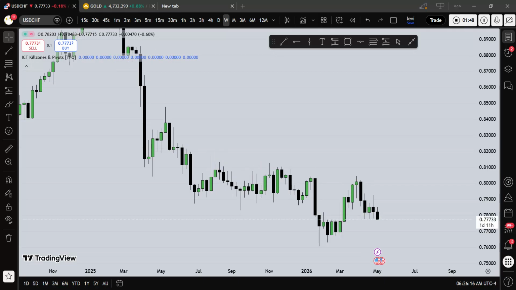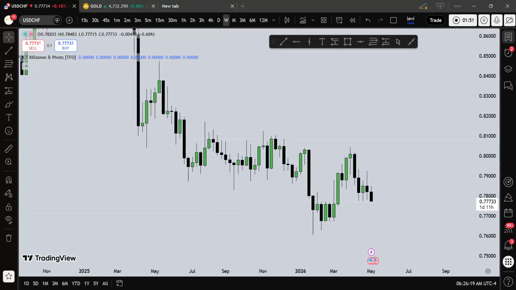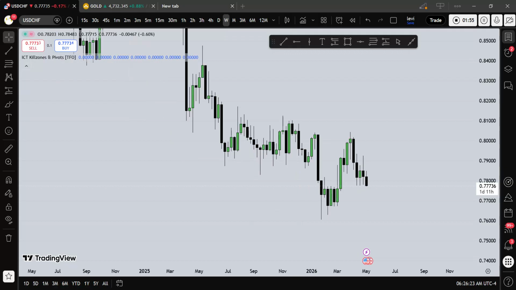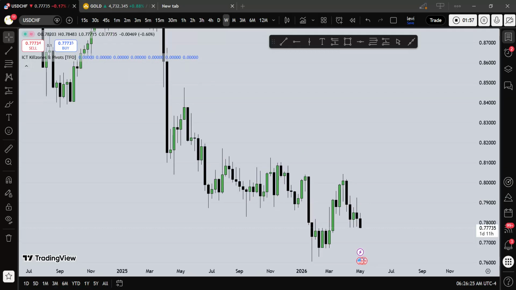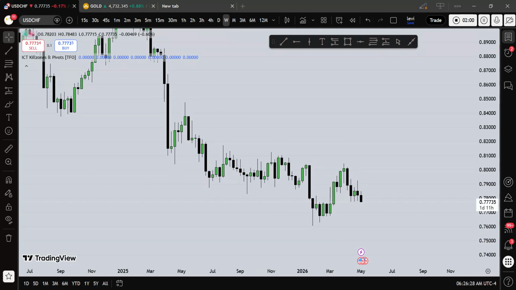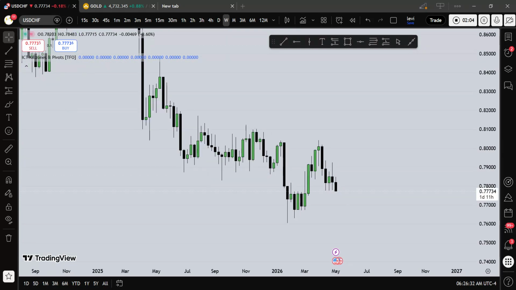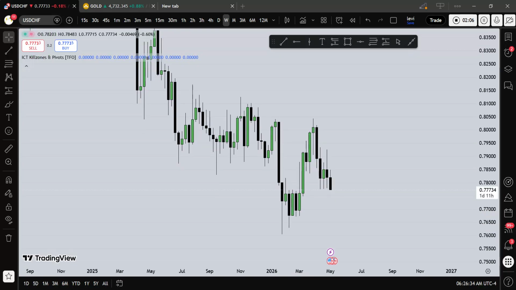Let me open it up so we can see clearly. This is the weekly chart here. I like to start my analysis from the weekly chart because it kind of defines what the week is going to do, or what the week is already doing.